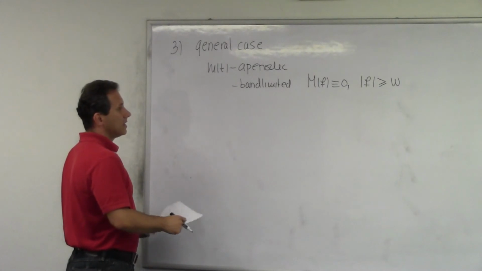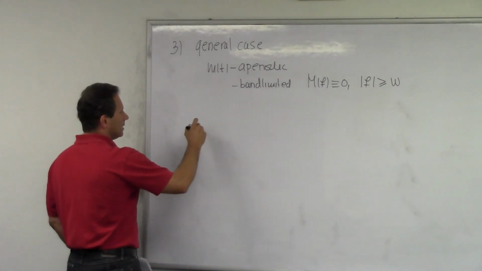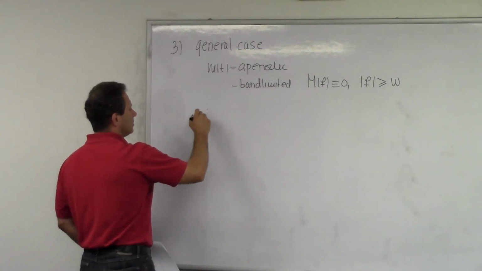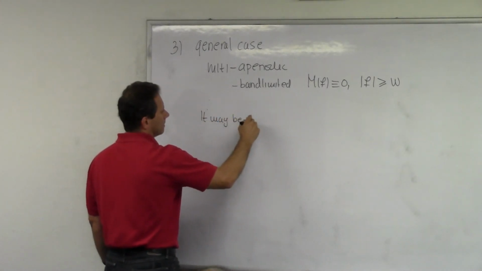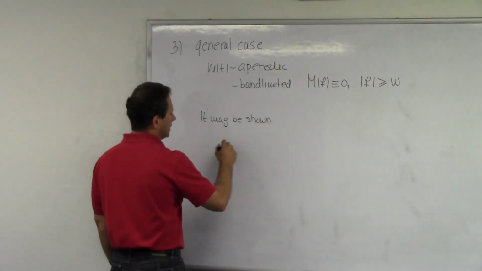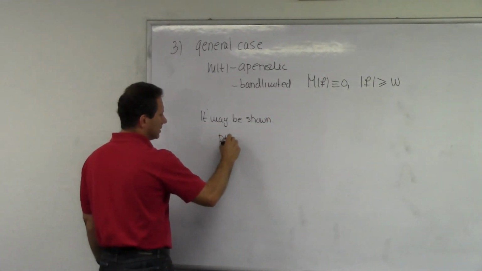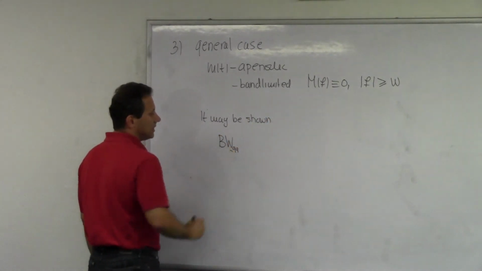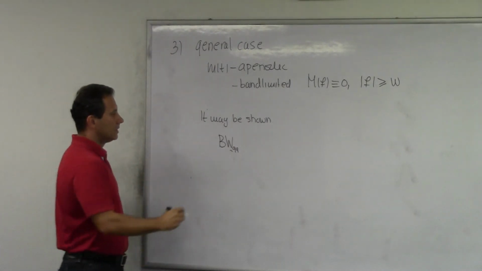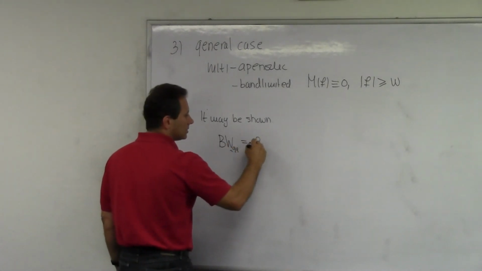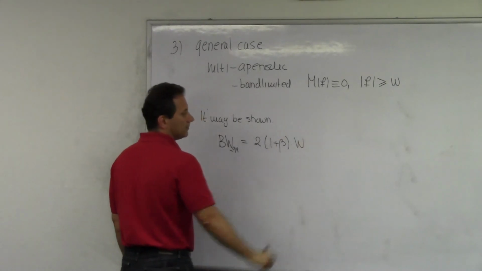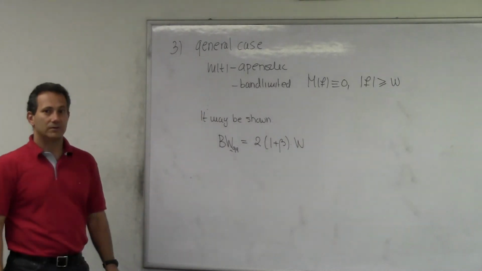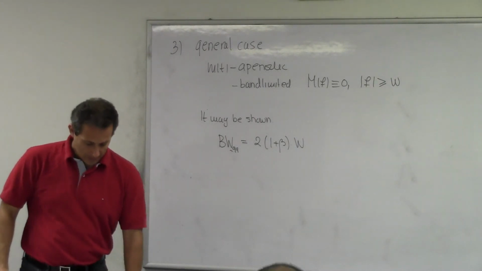The spectrum now depends in quite a complicated manner, but it can be shown that this relationship holds. Bandwidth, and this is close to 99 percent bandwidth, is given as 2 times 1 plus beta times W. That's the bandwidth of the FM modulated signal.